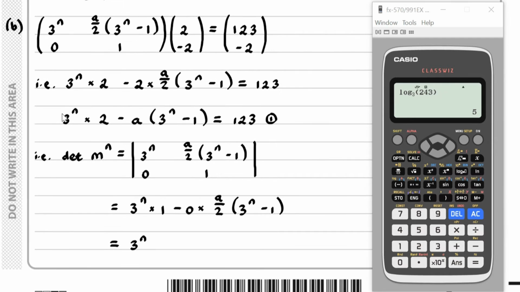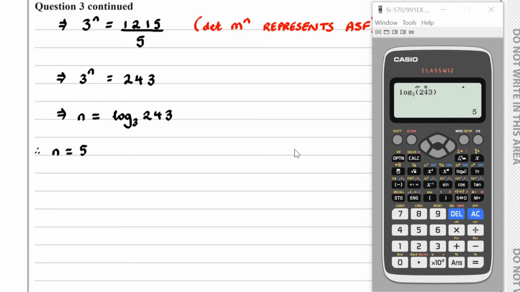And now if we use equation 1, what we would have is 3 to the 5 times 2, subtract a multiplied by 3 to the 5 minus 1, equals 123.